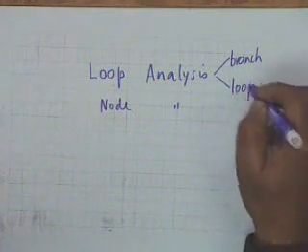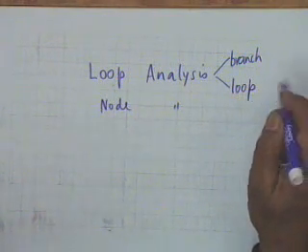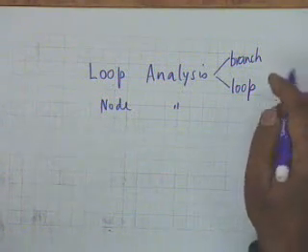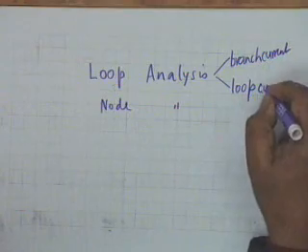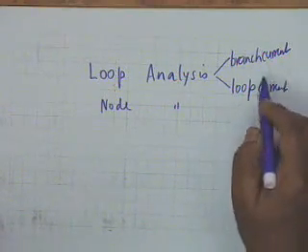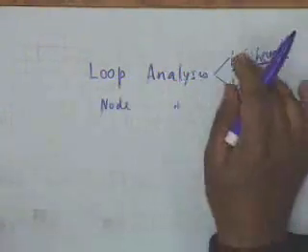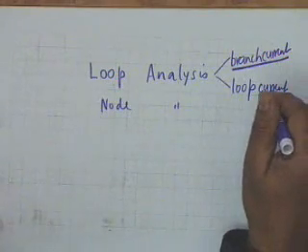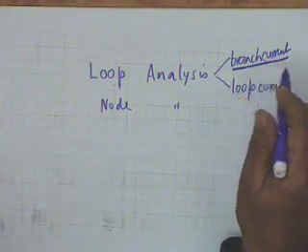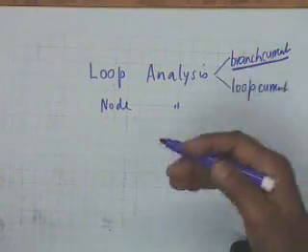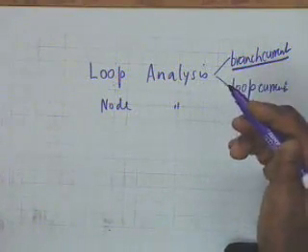If there are no current generators in loops, we could formulate loop currents. So there are two methods, one is the branch current and the other the loop current. The branch current method always works, the loop current method may not work if there is a current generator. One has to take stock of the situation and decide the strategy.